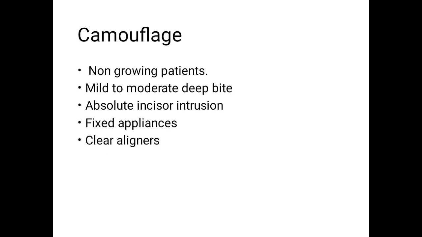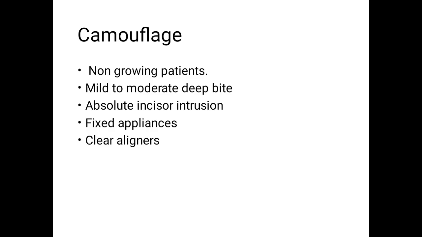Camouflage. Now, in camouflage the bite is not severe, and it is surely done in non-growing patients, because you're just doing dentoalveolar modifications, and basically in this case you do absolute incisor intrusion. Now there's what we call relative and absolute incisor intrusion.